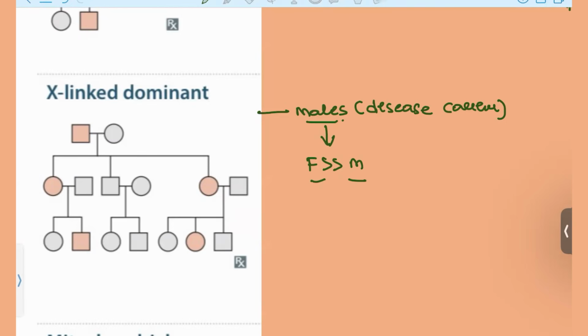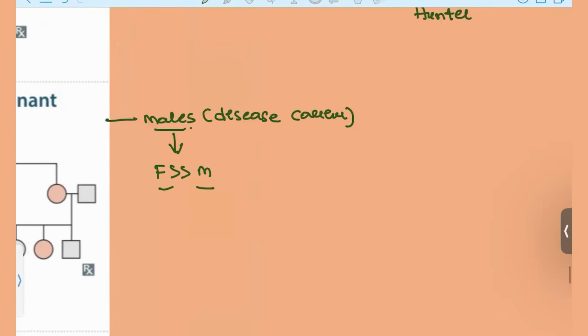This is seen in X-linked dominant. Examples are Rett syndrome, Alport syndrome, hypophosphatemic rickets, vitamin D resistance, and also color blindness.